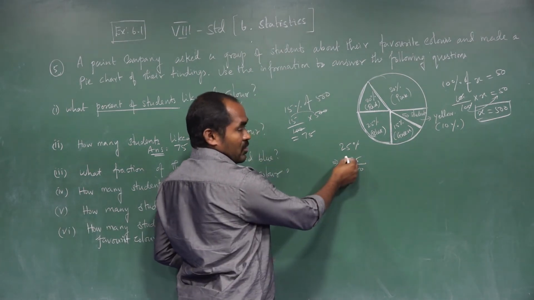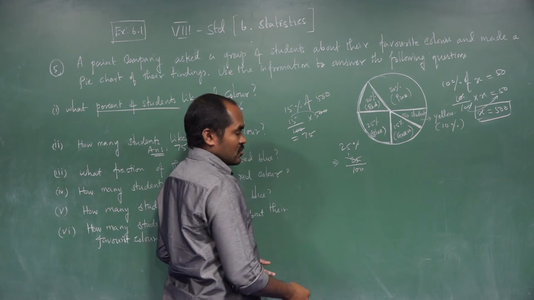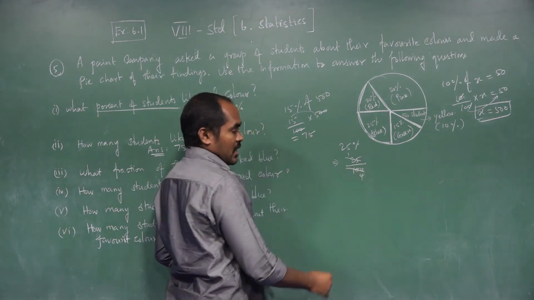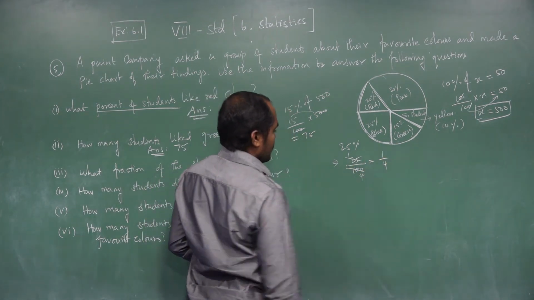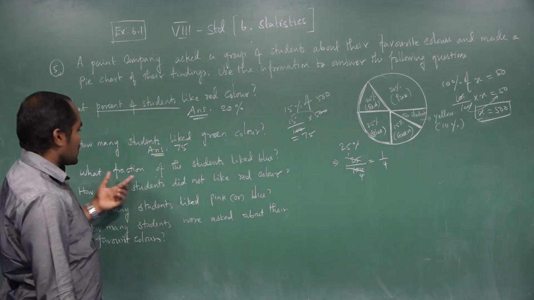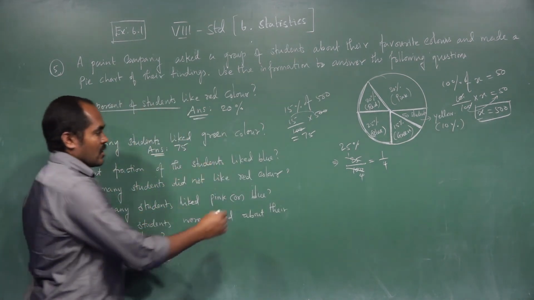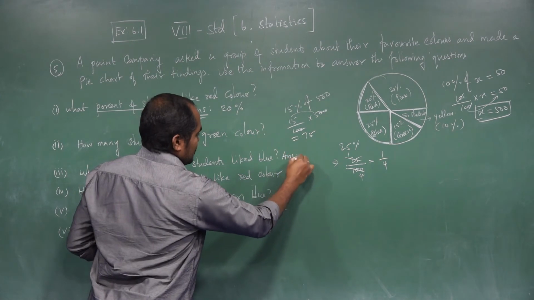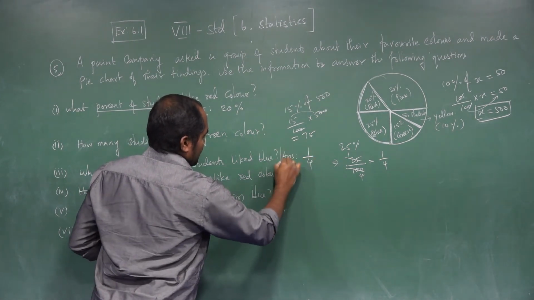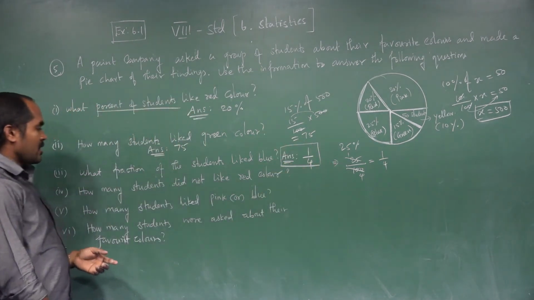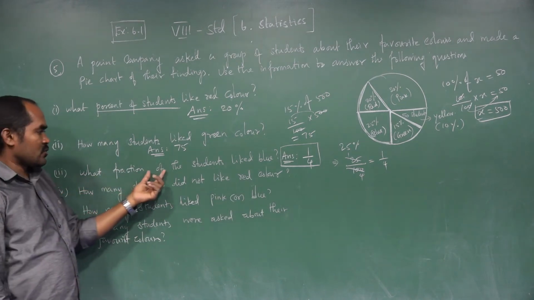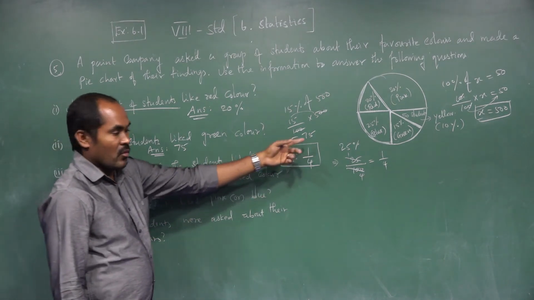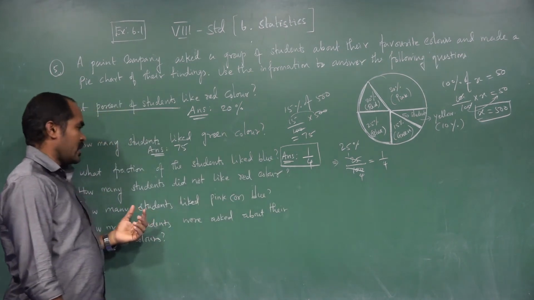You know, 4 25s are 100, so our answer is 1 by 4. This is our third question answer: 1 by 4 is our required fraction.